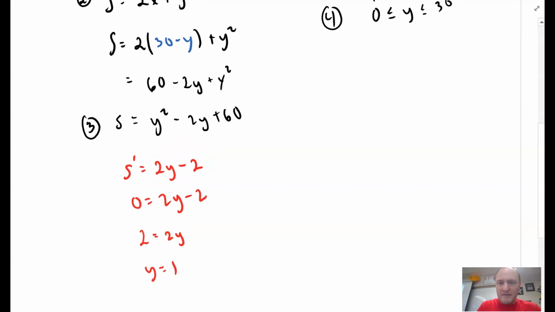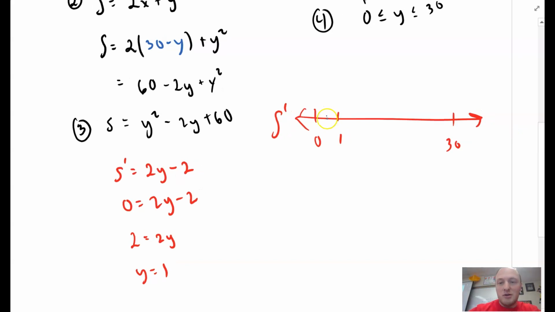So if I have a number line of s prime, here are my endpoints, 0 and 30, and here is my critical number, which is 1. Is this a max? Is this a min? We're going to test. I'll test 1/2.